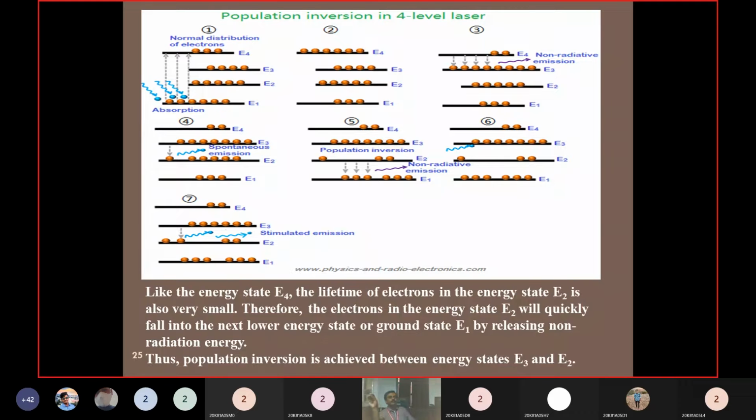A state whose lifetime is greater than the remaining excited states. Here the E3 state lifetime is greater than the remaining excited states. That's why population inversion occurs between the E3 and E2 levels. Because of this population inversion, lasing action takes place between the E3 and E2 levels.